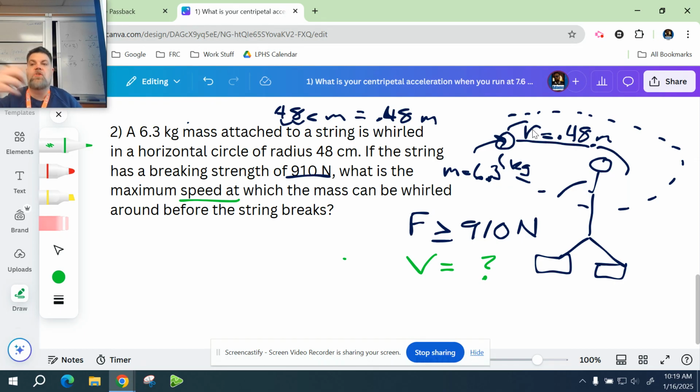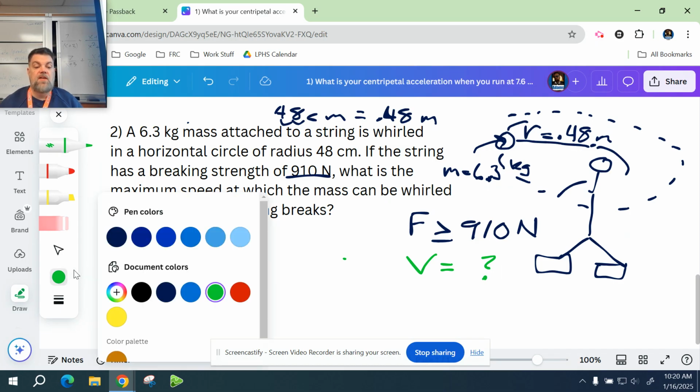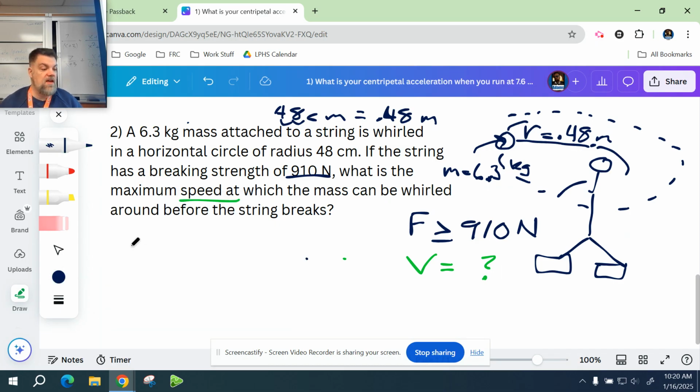Now, the only difference between you and I is that I've memorized these formulas. You just have to look in your notes that we took yesterday and ask, is there a formula that has force and velocity and mass and radius? There is. Somewhere in your notes, you've got this beauty: force is equal to the mass times the velocity squared all over r.